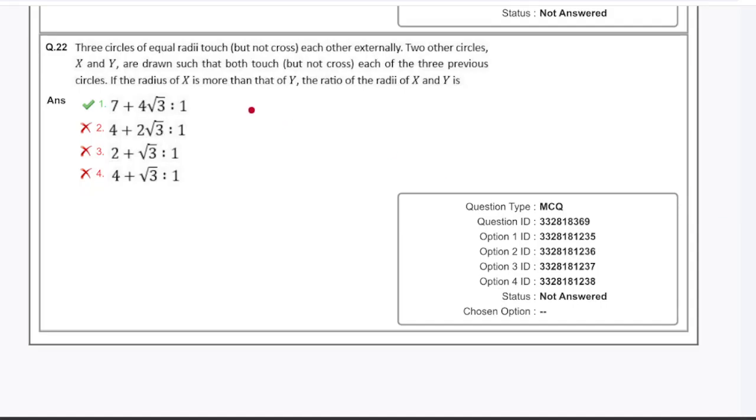Let's make a circle here. Let's make another circle here, which is just going to touch it. Let's make another one.